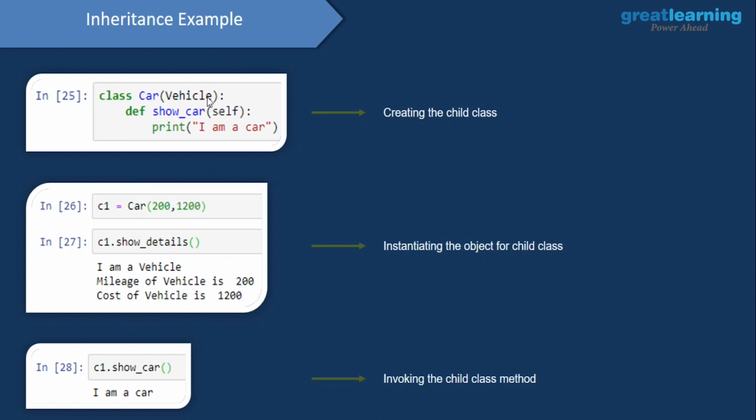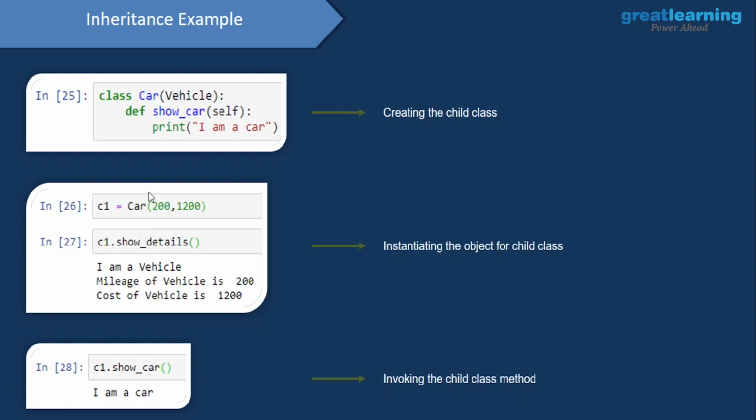Now, since this also has the constructor, we would have to pass in the values for the mileage and the cost. And as you see, I am passing in the value for mileage, which is 200, and the value for cost, which is 1200. Then I'll invoke the show details method with the help of this object of the child class. As you see, this object is of the child class, but this method is of the parent class.